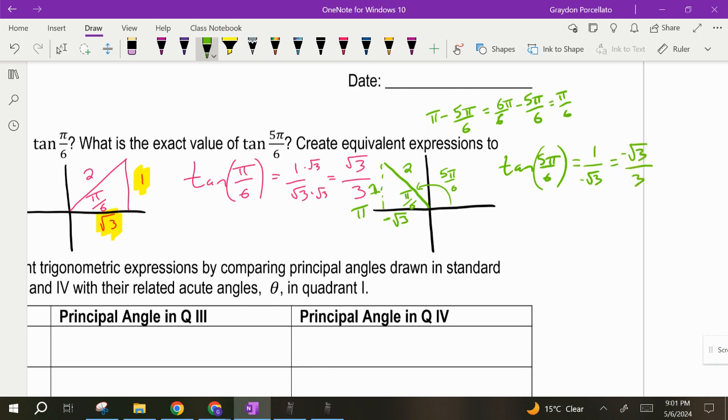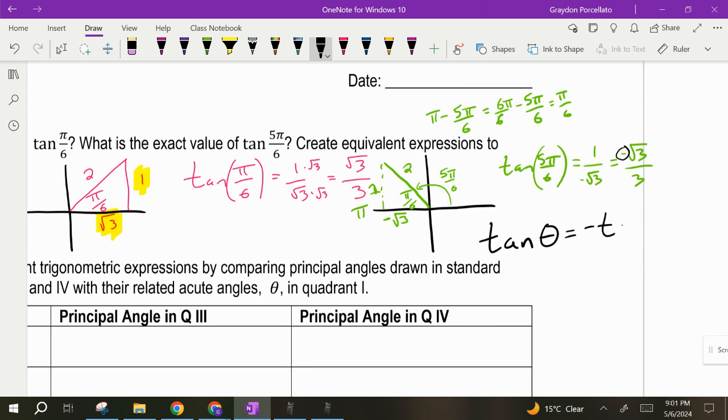Based on this, we can say that our identity, or equivalent expression, is the tan of theta is equal to, and notice here that this one is negative. They're the same, except it's negative.